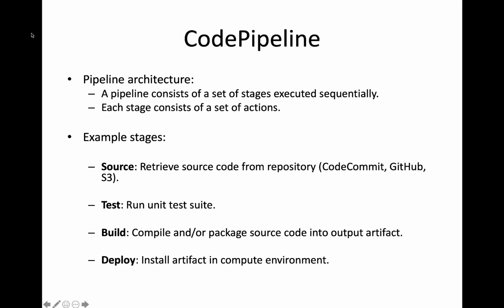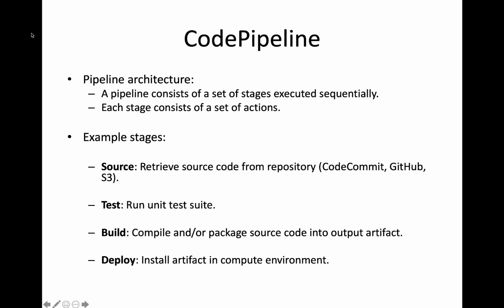And you might be thinking, well, gosh, some of these stages sound very familiar. Didn't we talk about these sort of stages in CodeBuild and CodeDeploy? And yes, we did. You've got to think of the CodePipeline service as being sort of an abstraction layer that sits above services like CodeCommit, CodeBuild, and CodeDeploy.